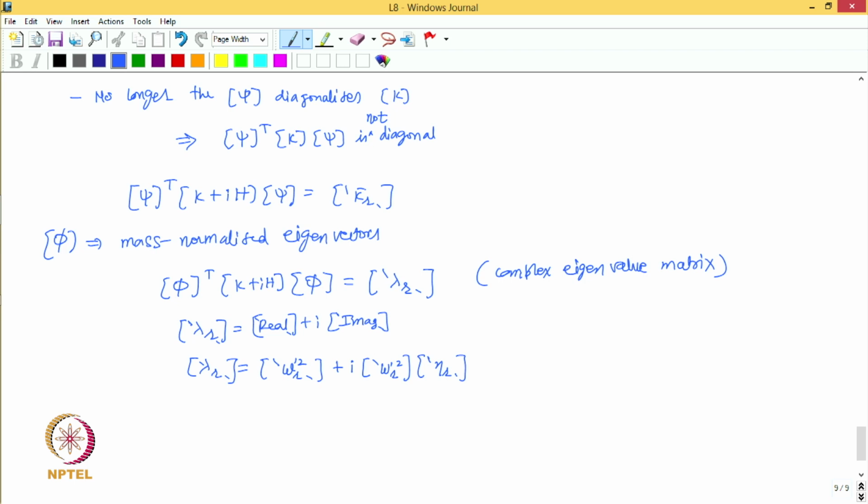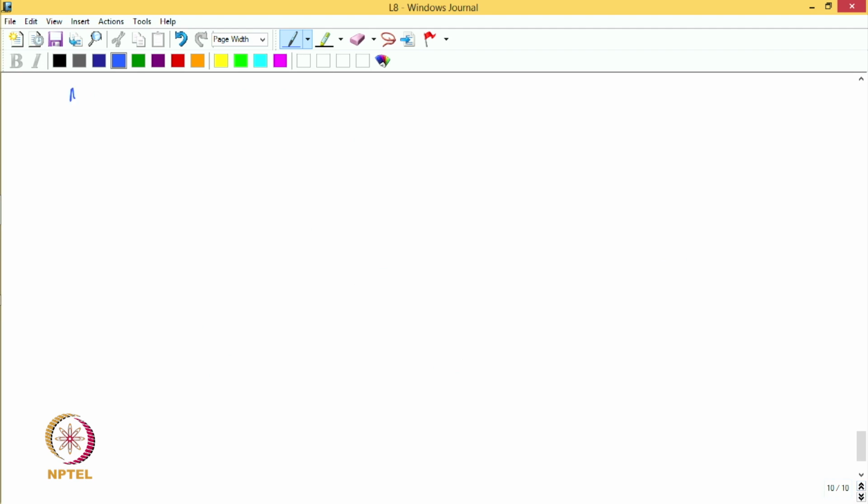Okay. So, now with this we can define modal model of a multi-degree of freedom system with non-proportional damping.